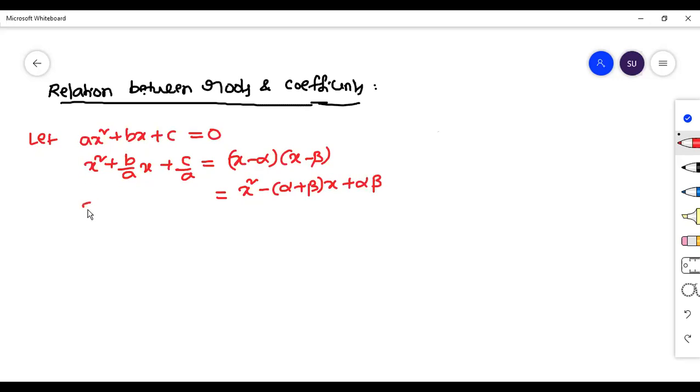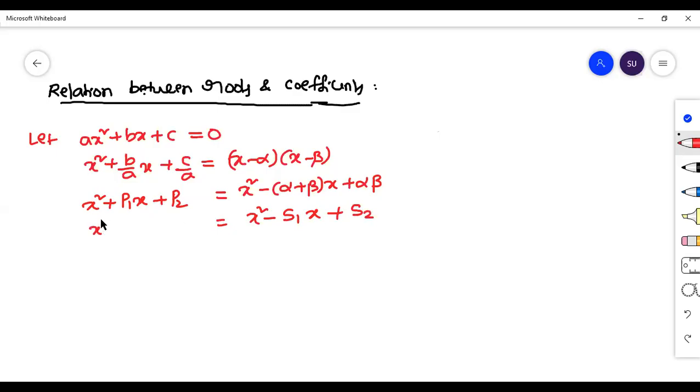Now consider this as x square plus p1 x plus p2. In a quadratic equation, alpha plus beta is S1, and alpha beta is S2.